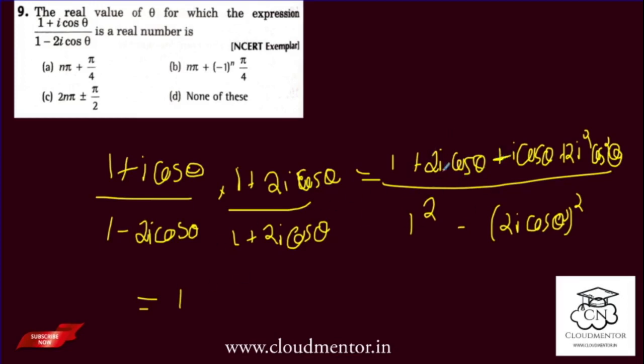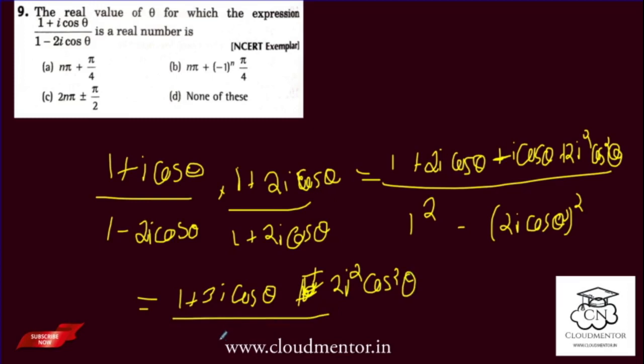And now 2i cos theta plus i cos theta, that is 3i cos theta. And we have left 2i squared cos square theta, and that divided by 1.